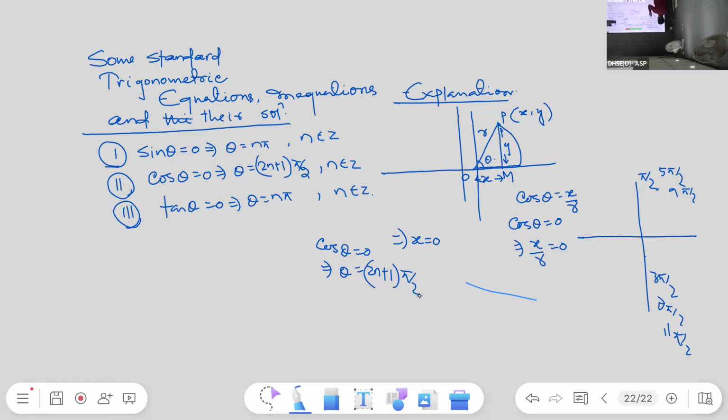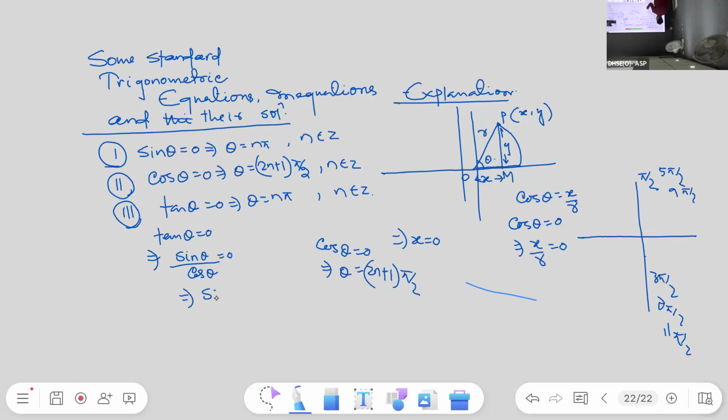Tan theta is equal to 0 implies sin theta upon cos theta is equal to 0.